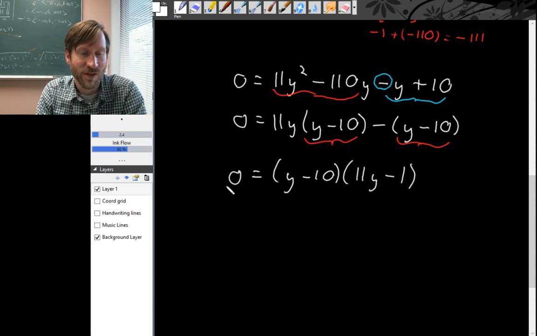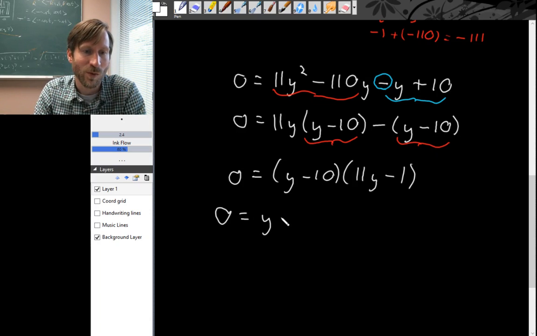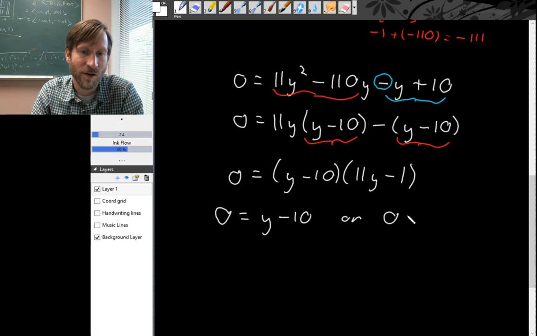Now that we have the left-hand side being 0 and the right-hand side is a product, we can use the zero product property. So we get either 0 is y minus 10, or 0 is 11y minus 1.